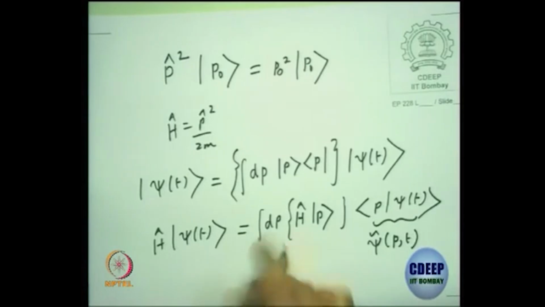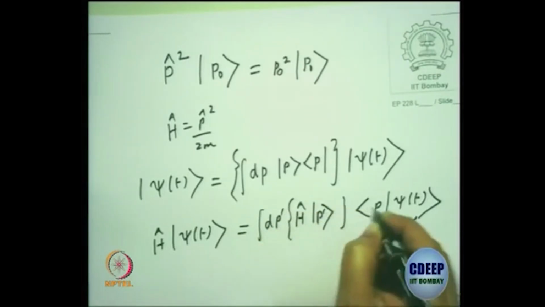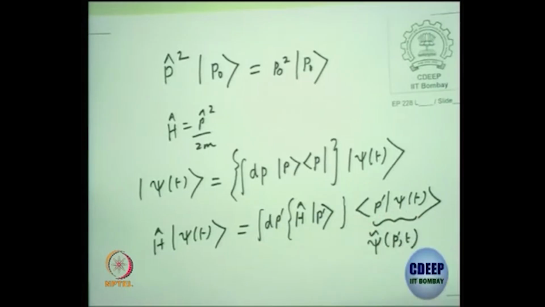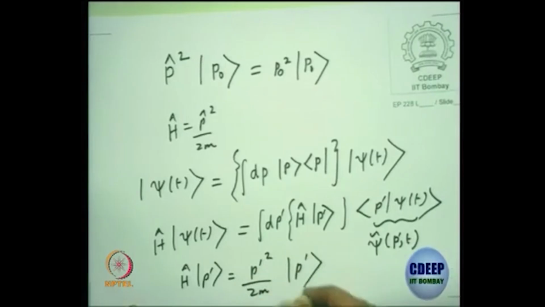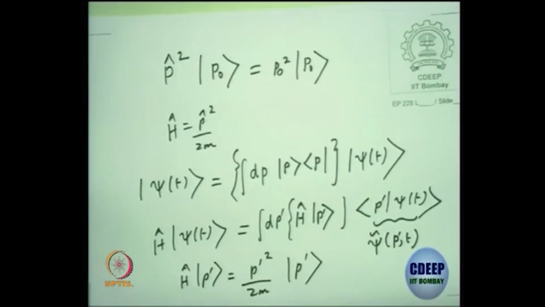So this is just a dummy variable. If you want, you can put a p prime, p prime, p prime, and then you can use the fact that H hat on p prime is p prime squared over 2m on p prime. It is an eigenvalue equation in the momentum space.